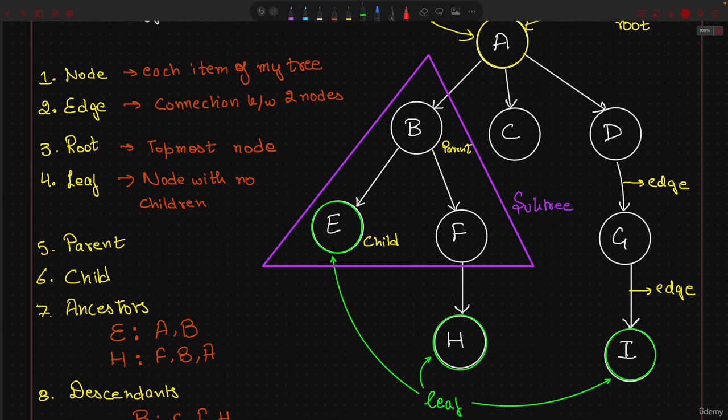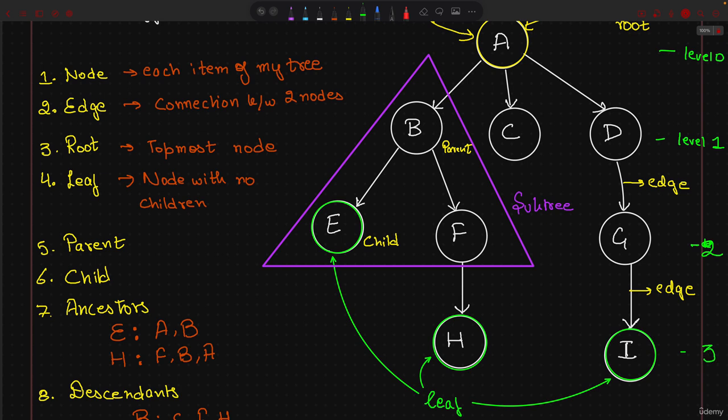So level wise, I say that, okay, this is level 0. Then this is level 1. Again, in many places you might find that the root is at level 1. This B, C, D are at level 1, and then level 2. So that should not be a problem. Overall, we should have an idea of how level is defined. So this can be my level 2, right? This can be the level 3. So this is how level is defined.